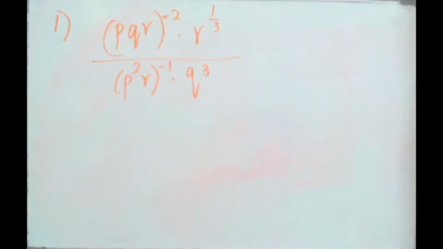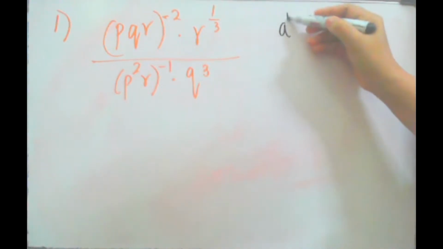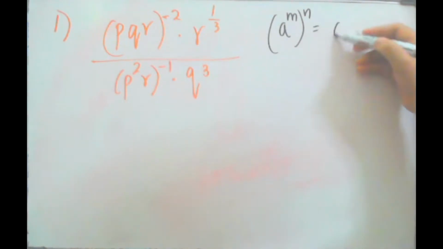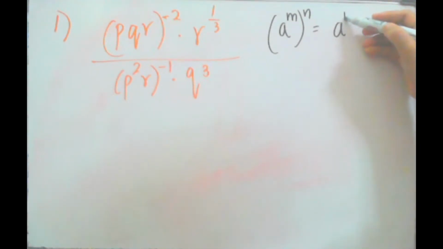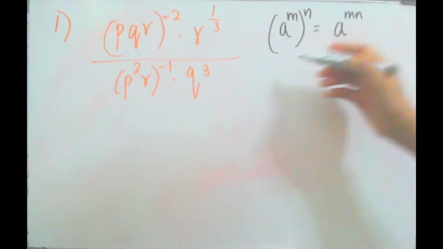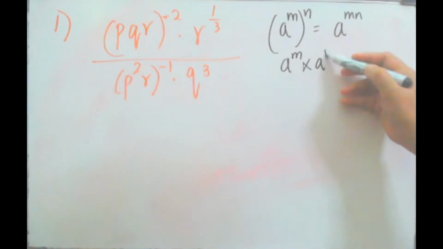Now here we need to apply the rules of indices. When we have (a power m) whole power n, we can write this as a power m multiplied by n. So we will apply this formula. Then the second one that we need is a power m multiplied with a power n.